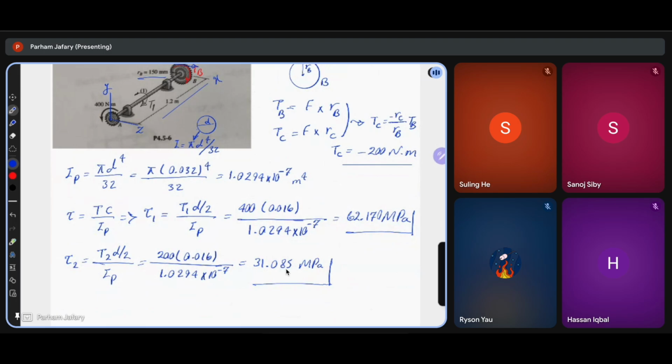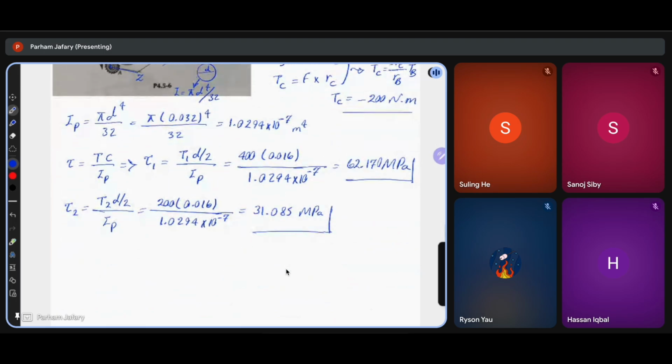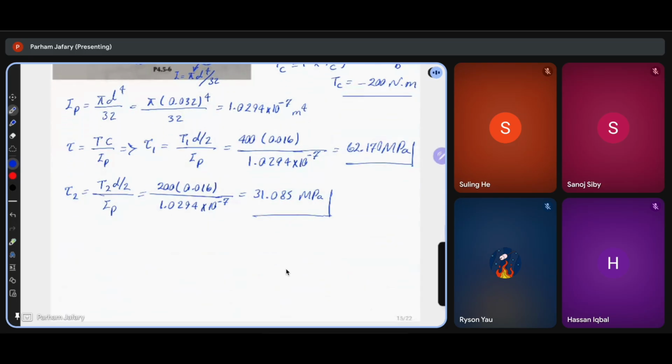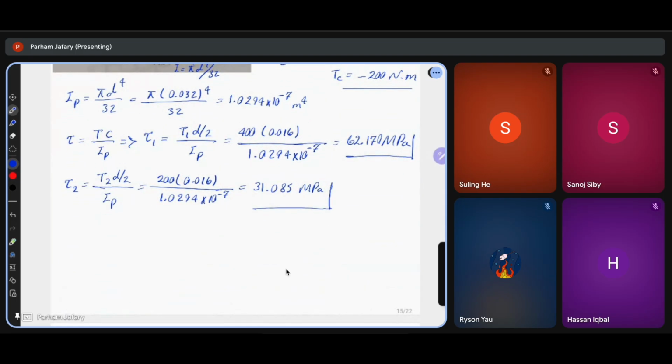Okay, moving forward for part B, we want to calculate the torque twist flexibility of the elements of the shafts. The general formula is L over GI.